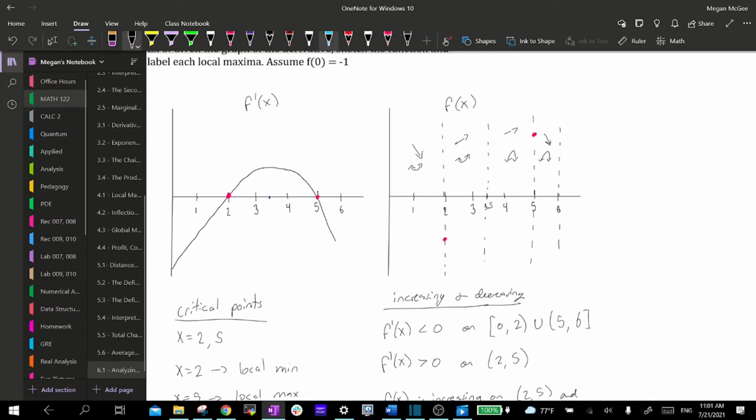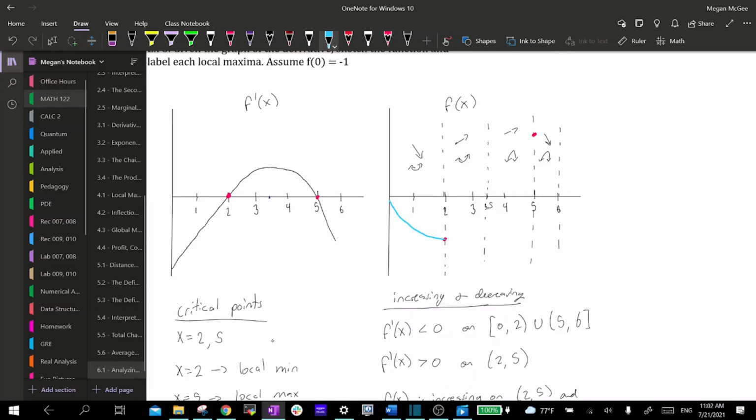So let's see if we can connect all of these pieces together while drawing a singular continuous function. All right, so we need to be decreasing and concave up on the first part. So we're decreasing and concave up, concave up.